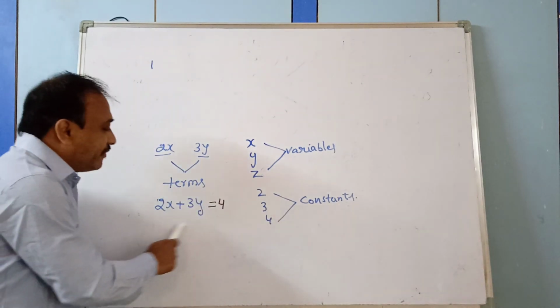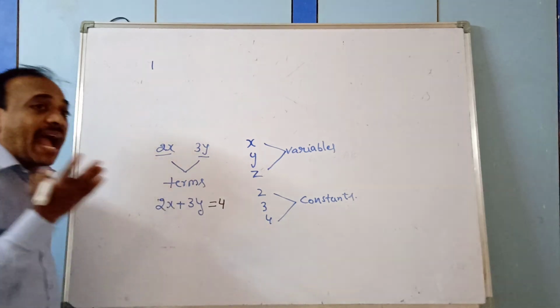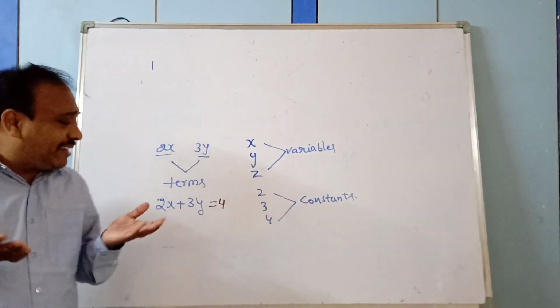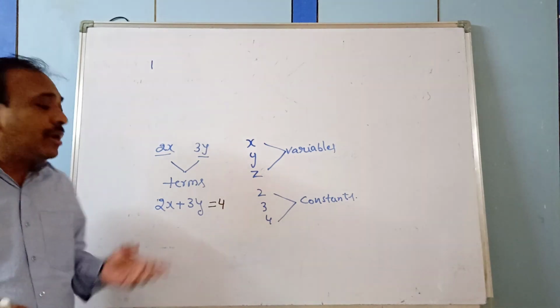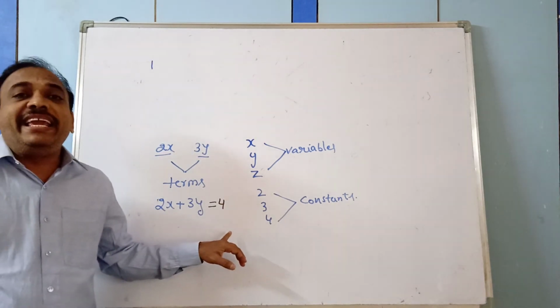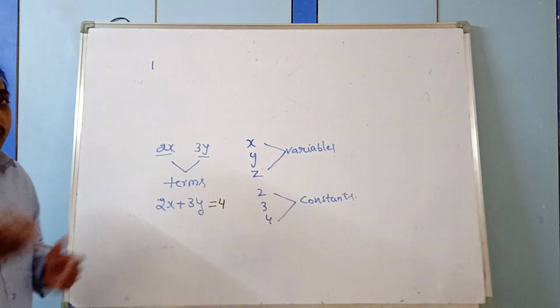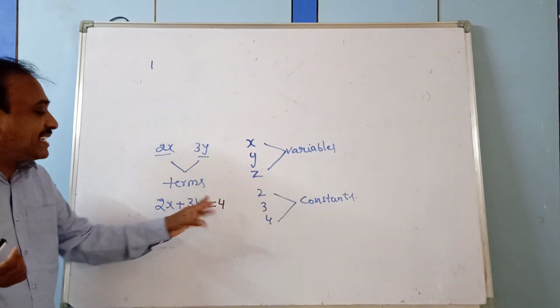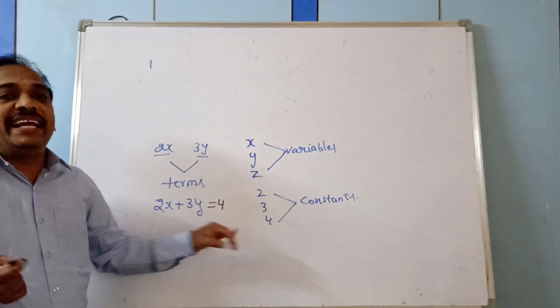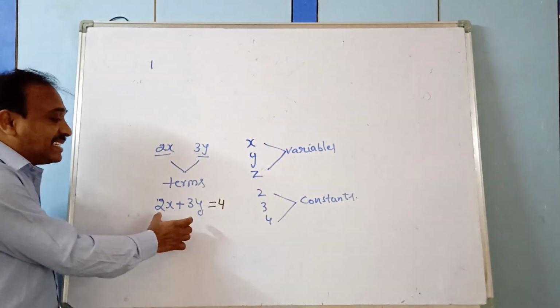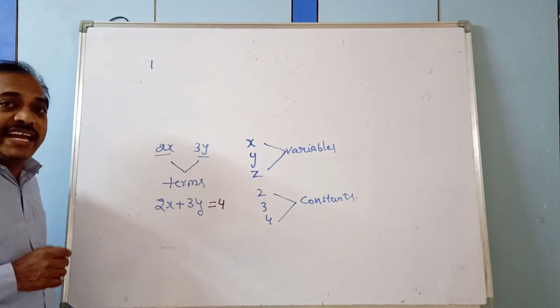Such a type of balancing, in mathematical terms, is called an equation, because it is balancing both sides, the left hand side and the right hand side.